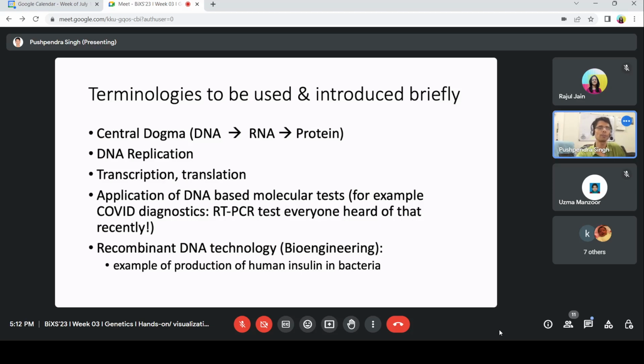We have heard this terminology in the COVID time, reverse transcriptase based PCR detection or RT-PCR test. So basically it is from RNA to DNA, and then again from DNA to RNA and RNA to protein. So the central dogma is DNA to RNA, and from RNA the information is translated in form of proteins.